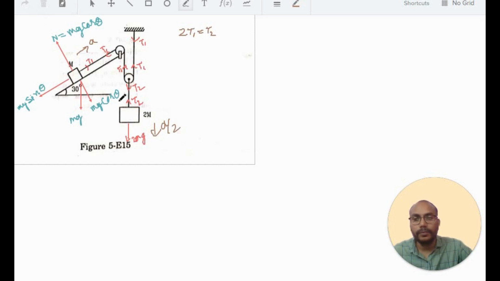Now we are going to write the equation of motion using Newton's second law. So at first see the forces along the inclined plane. The forces along the inclined plane are mg sin theta and T1. And if T1 is big compared to mg sin theta, then the mass will move upward.